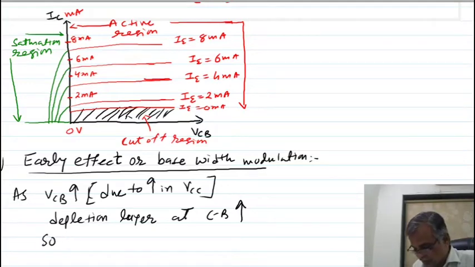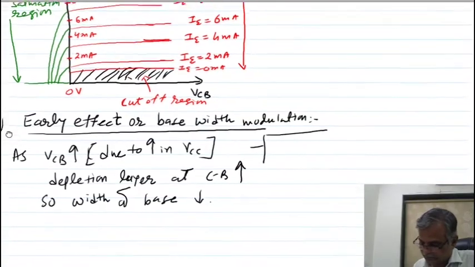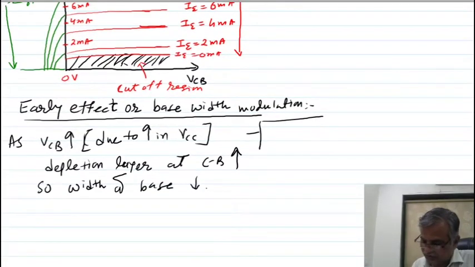So the width of the base region decreases, which is very clear. This is NPN.